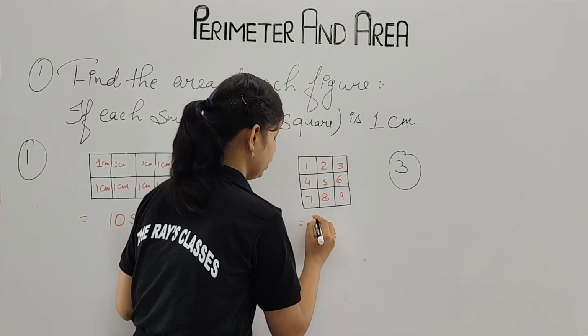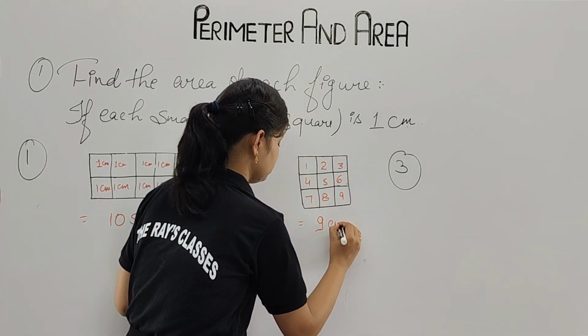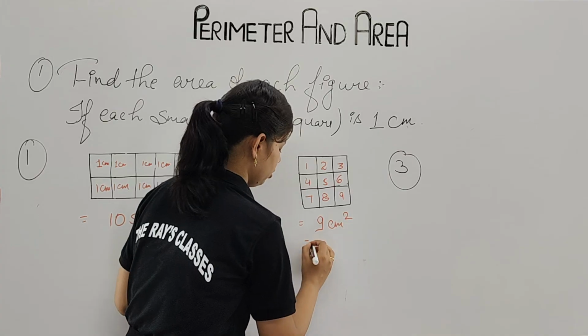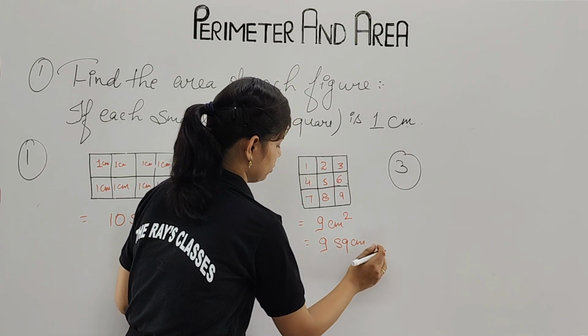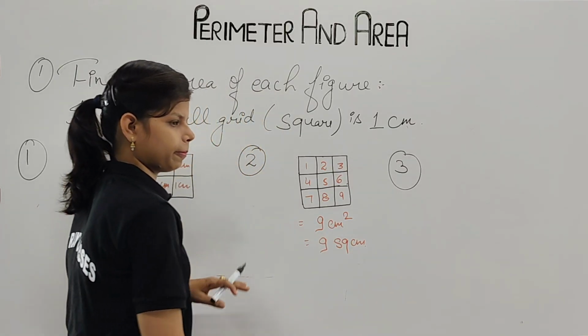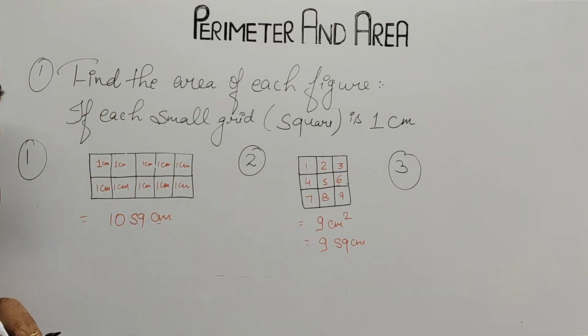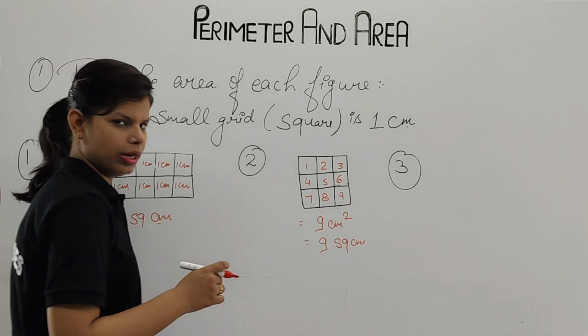So we have a total grid of 9 square centimeters. Clear? Understood? Next we are going to move to the other point, where we will discuss finding the area of a rectangle whose length and breadth are given, or the area of a square whose side is given. Such questions are the third part of ours, the numerical one.